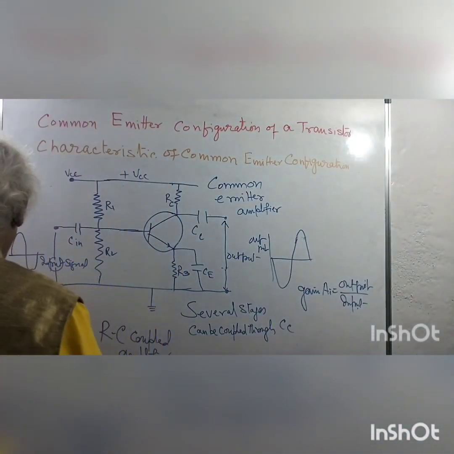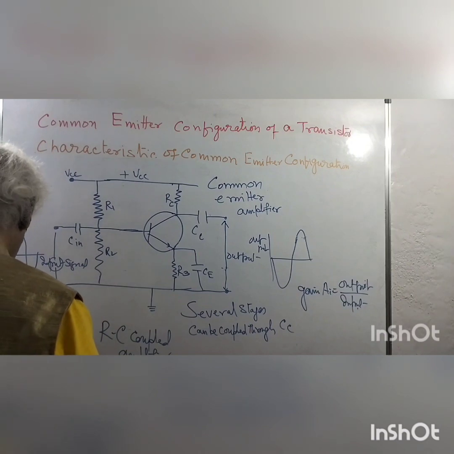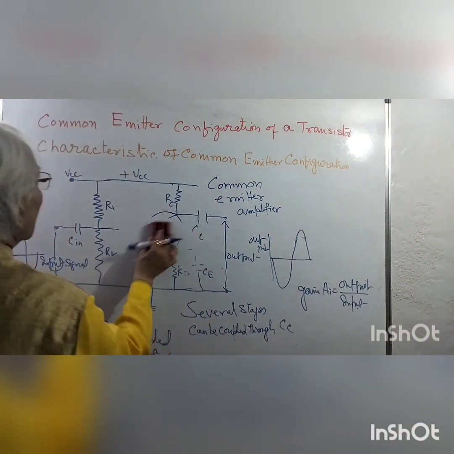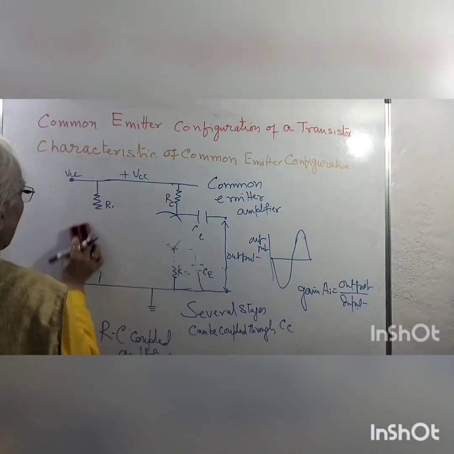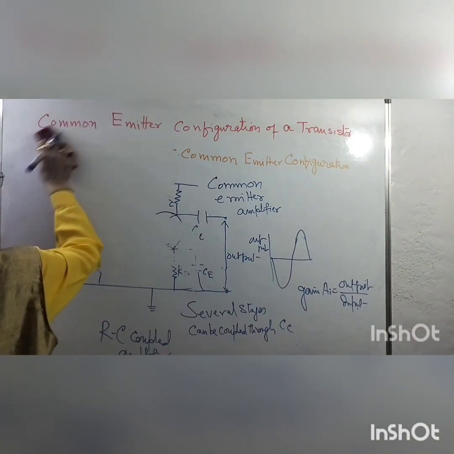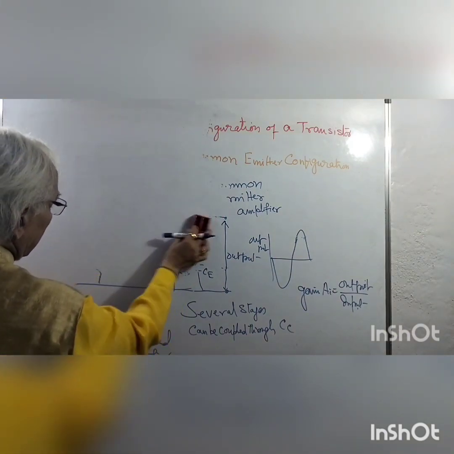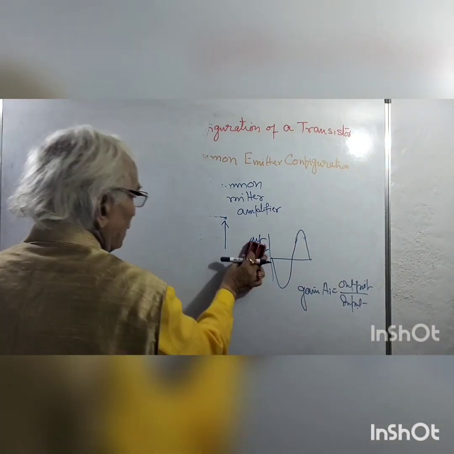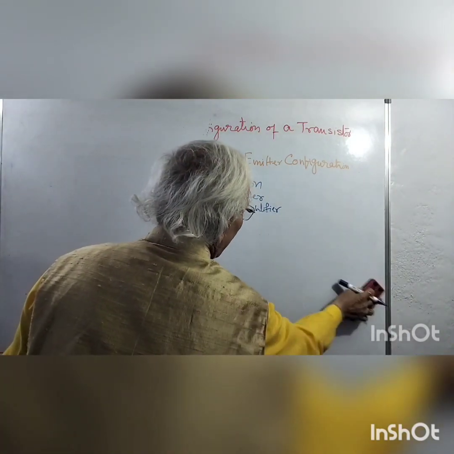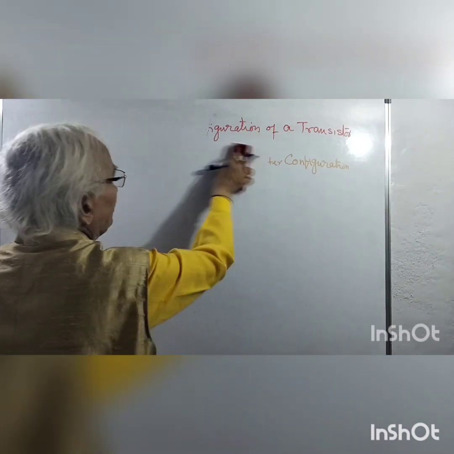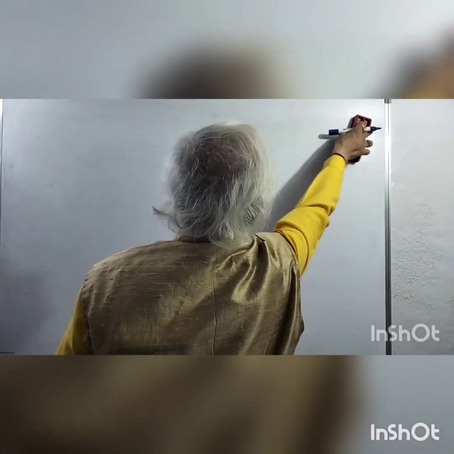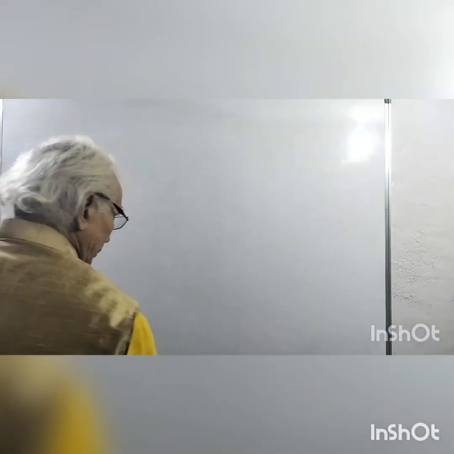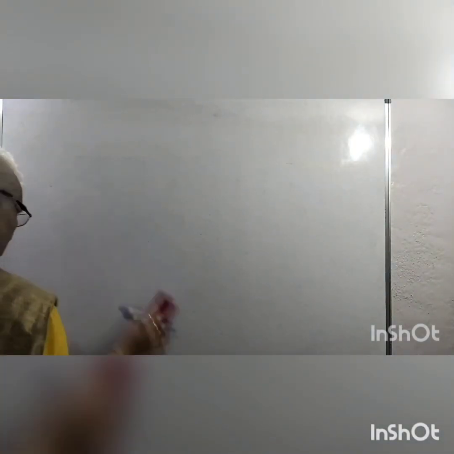So that is the important thing, is that we get amplified signal, manifold amplified. So common emitter configuration is very important because it gives amplified signal, and by coupling many stages we get a manifold amplification of the signal.